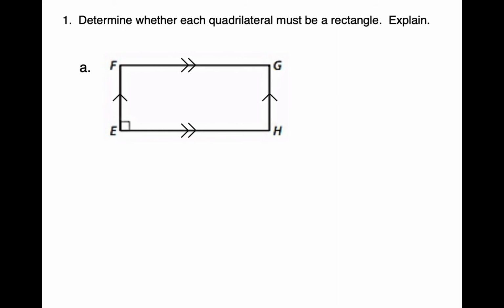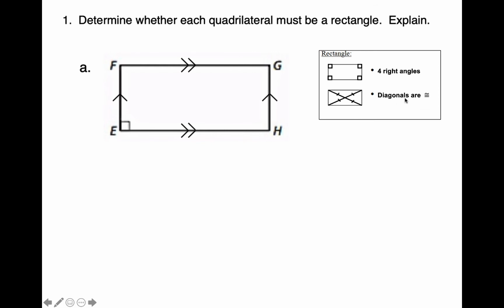It says determine whether each quadrilateral must be a rectangle. So remember what a rectangle is. It's a parallelogram that has four right angles and the diagonals are congruent. Notice this is a parallelogram because opposite sides are parallel. We do have one right angle, and we know in a parallelogram, opposite angles are congruent, and consecutive angles are supplementary.